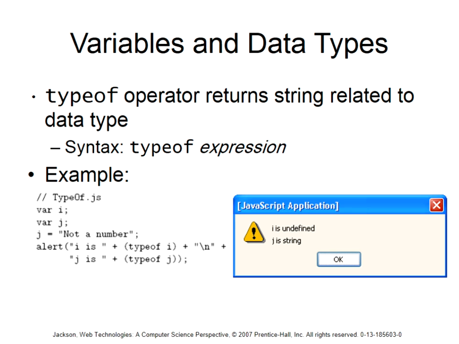It returns the type of any variable. For example, here the typeof I is undefined. The typeof G is a string. So if we have a variable and we want to know the type of this variable, we use the operator typeof. It's clear? Okay.